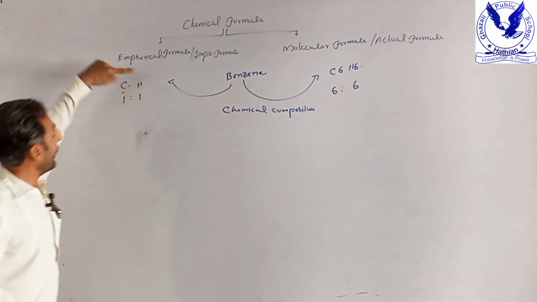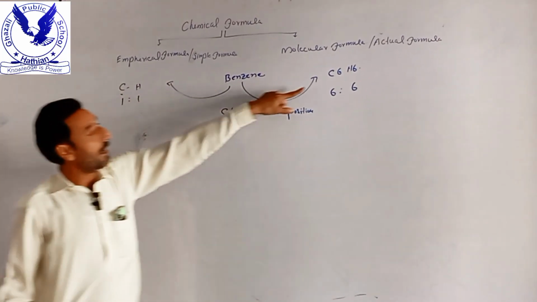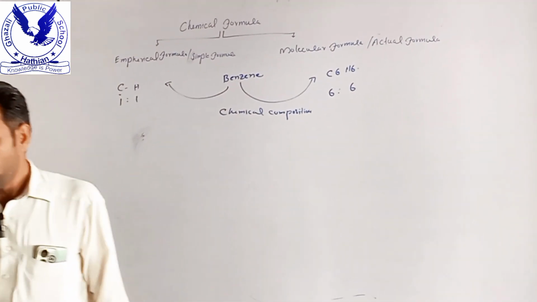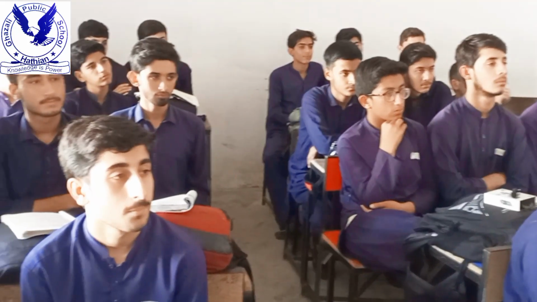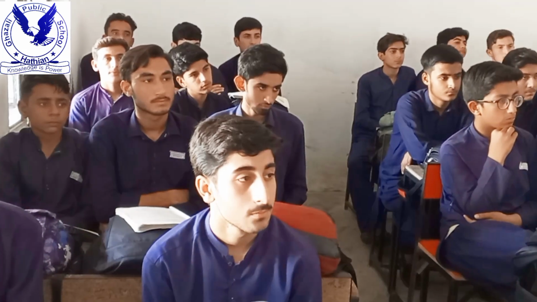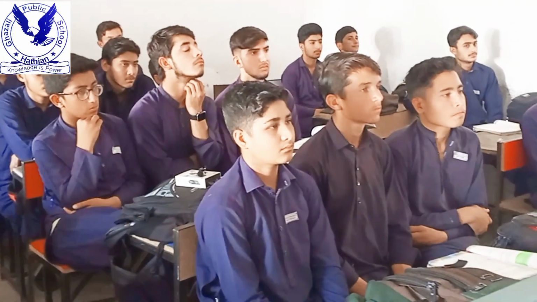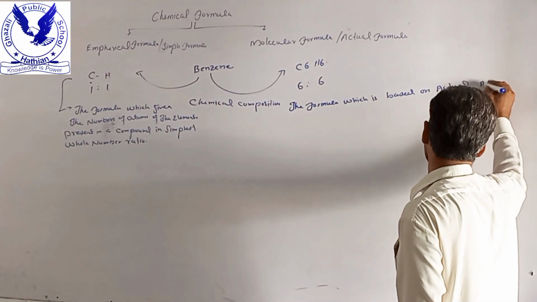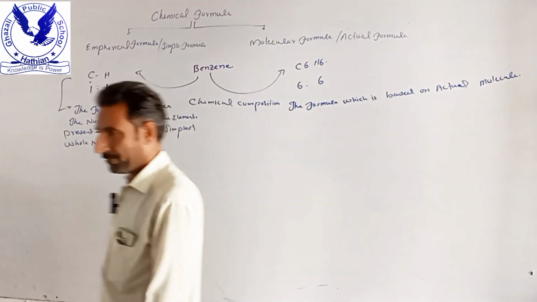So, the formula that shows the number of atoms in the simplest whole number ratio is known as the empirical formula. The formula which is based on the actual molecule is known as the molecular formula.